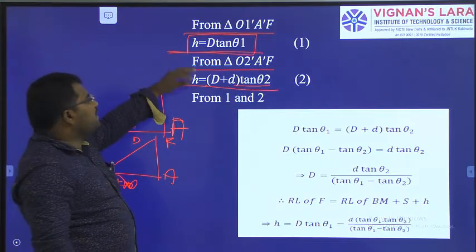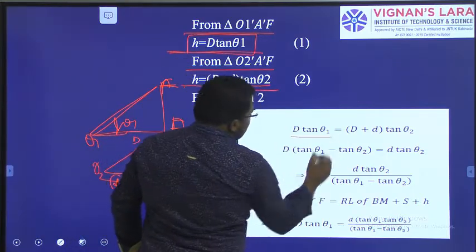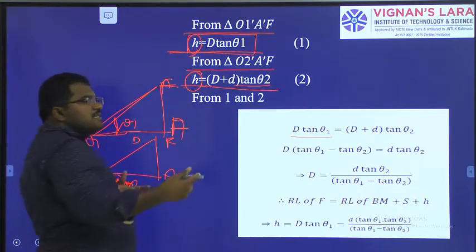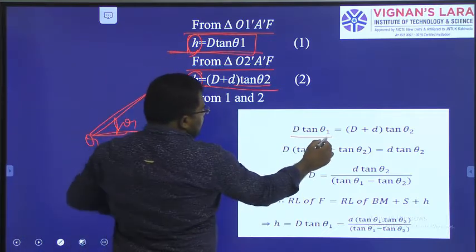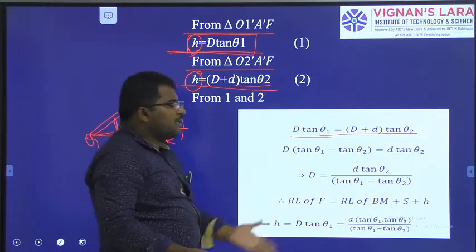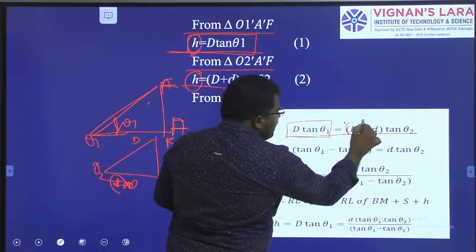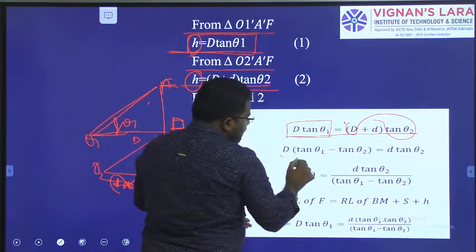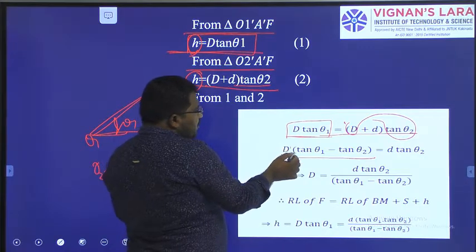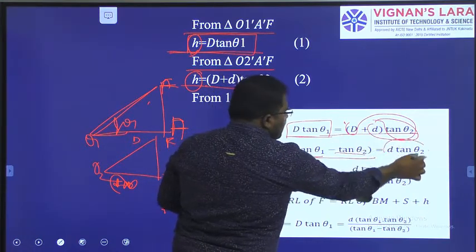By solving these two equations, 1 and 2, since h is the same, D tan theta 1 equals d plus D tan theta 2. So they get equated, and by solving this we find the RL of that object. Bringing the D terms to one side, we get D into tan theta 1 minus tan theta 2, and the remaining d tan theta 2 stays on the other side.